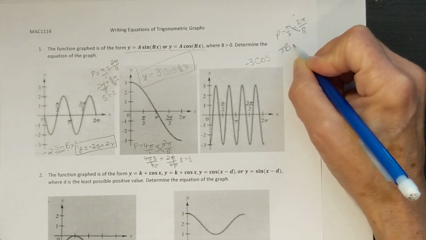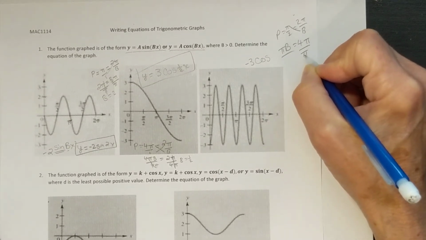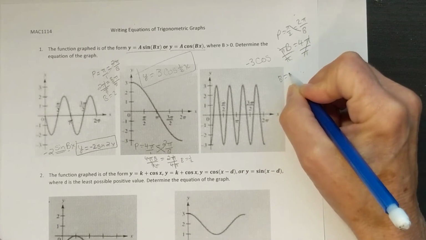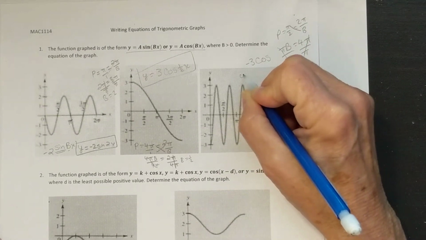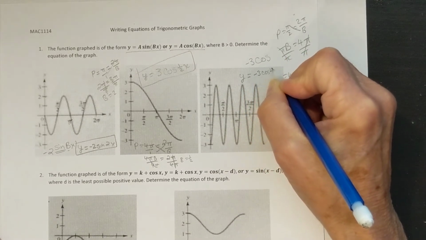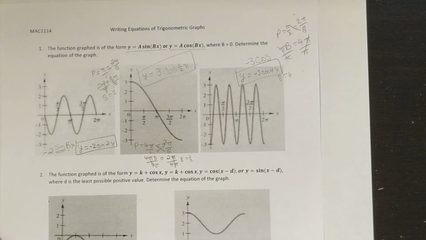Pi times b is 4 pi. Divide both sides by pi, and we get that b is 4. So y equals -3 cosine of 4x is the equation for that particular graph.